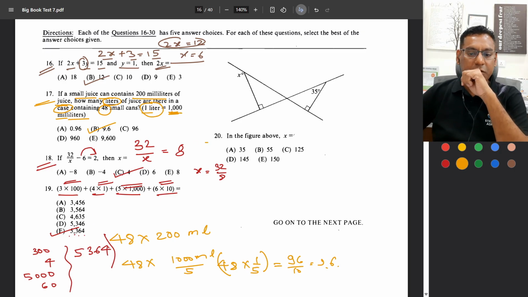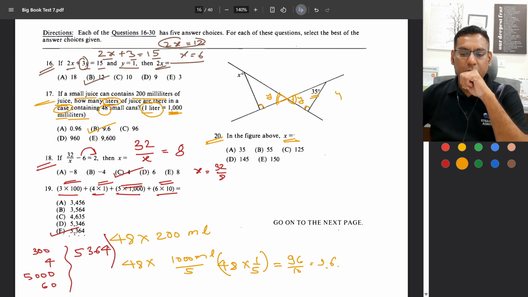All right, question 20. In the figure above, x is equal to what? I can see that there are these two lines, so this angle has to be the same, right? This is 90 degrees, this is also 90 degrees. So whatever this angle plus 35 is 90. Let's say this angle is y.